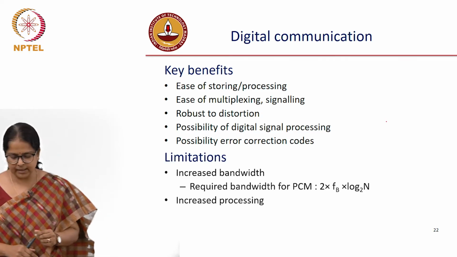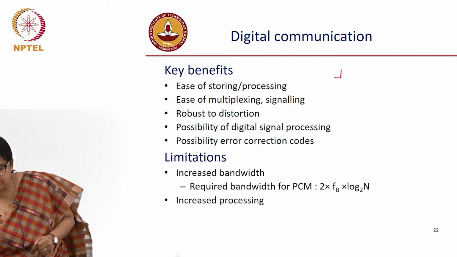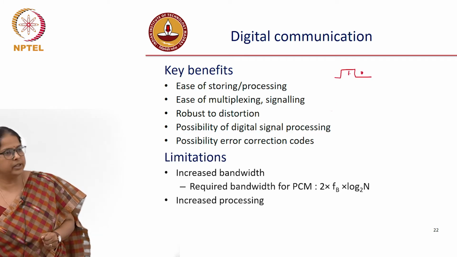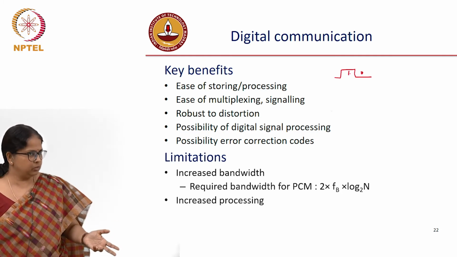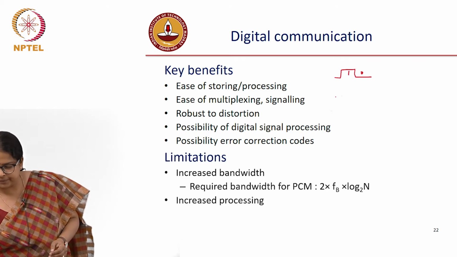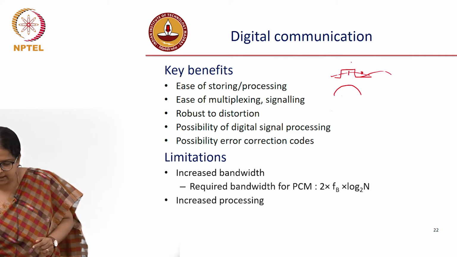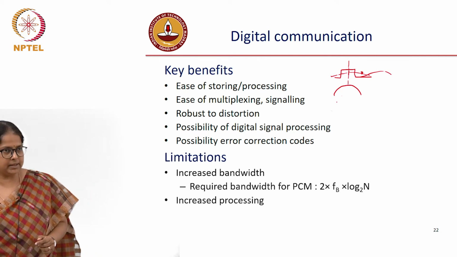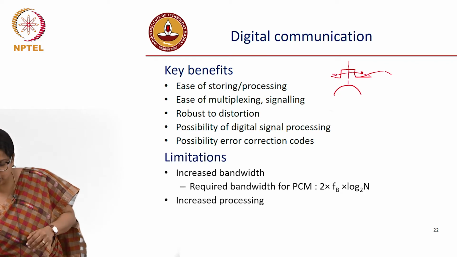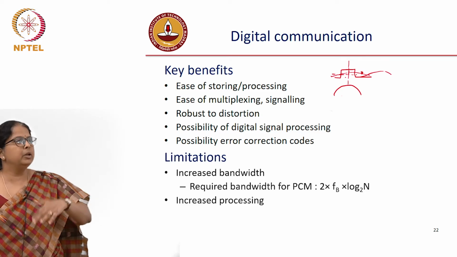So, signaling is easier, and it is robust to distortion. Even if, for example, you transmitted something like 1 and a 0 here, and the channel did something to your signal and it got distorted, I can still find a sampling instant and put a threshold and decide above the threshold is 1, below the threshold is 0.